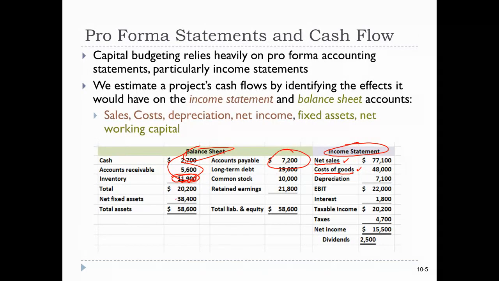Another type of cash flow you're likely to encounter, and almost certainly would encounter, is capital spending, capital investment, and that is usually reflected here in the fixed assets portion of the balance sheet, where if we buy a new piece of equipment or if we build a new factory, we're going to be reflecting that as increases in this balance on the balance sheet. And again, that's a use of capital, but it definitely represents a relevant incremental cash flow.